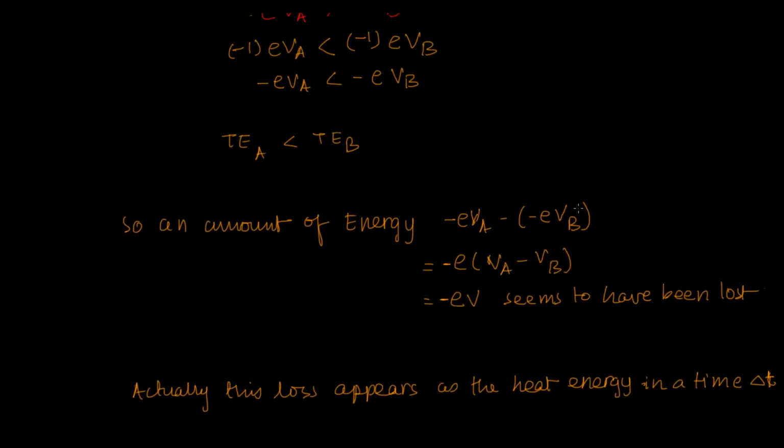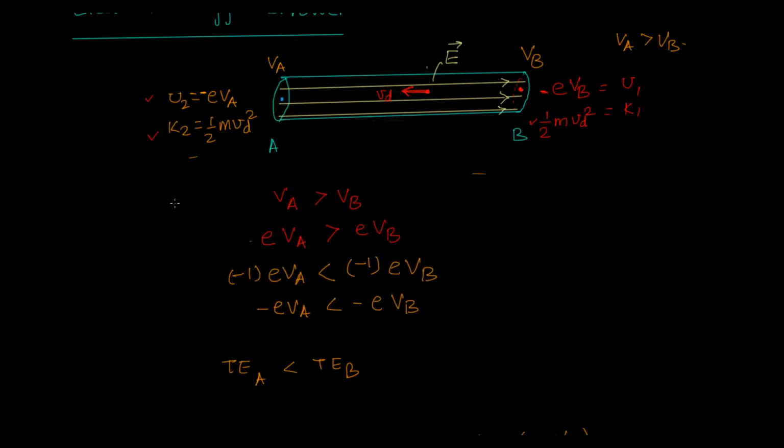Now let us try to understand. It's not a difficult thing to do. If this length is L, then you can tell me the time taken for this electron to move at a constant speed from the end B to end A. What will that be?